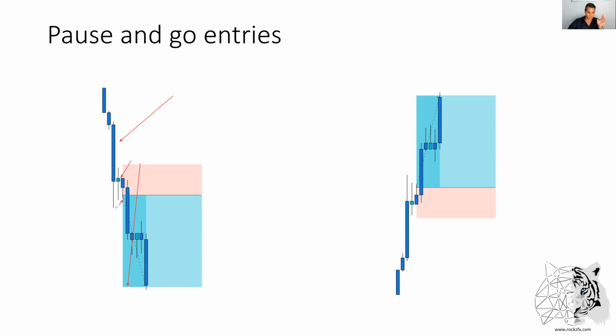Not wick rejections and pin bars and bullish candles to the upside. First candle will be created. Price may peak it on the second candle at times. But if price does not pull back strong, there is a very high chance price will continue down and vice versa. If price is pushing strong up, pauses, even if it brings a little wick here, there's a high chance it's going to go up. Does this make sense, guys?